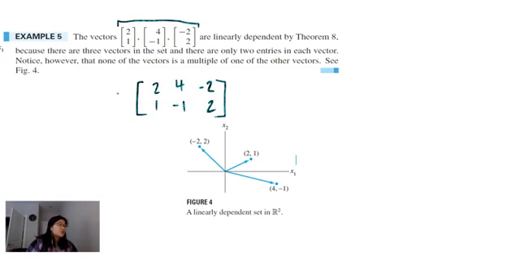Even though they're not multiples of one another, we can still get there, maybe by using different weights than integers, because these are all in R2, and the span of these is R2.